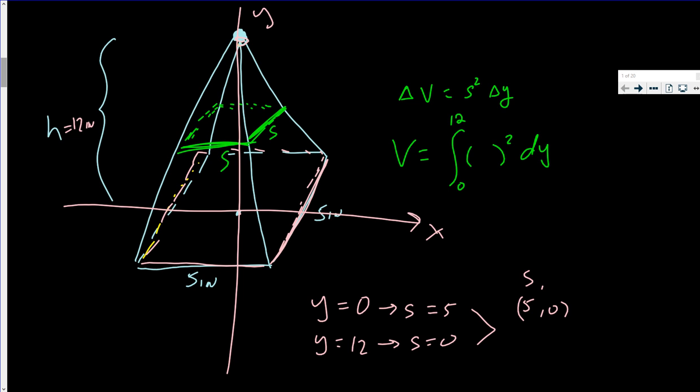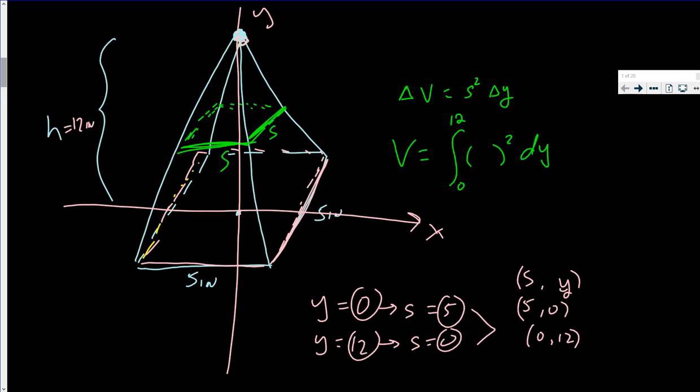We're going to do s, comma, y, the length of the side, comma, the height. And another point is, I got 5, 0 from here, and now I'm going to get 0, 12.